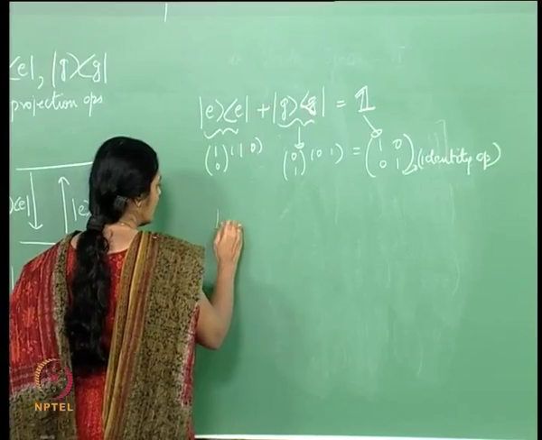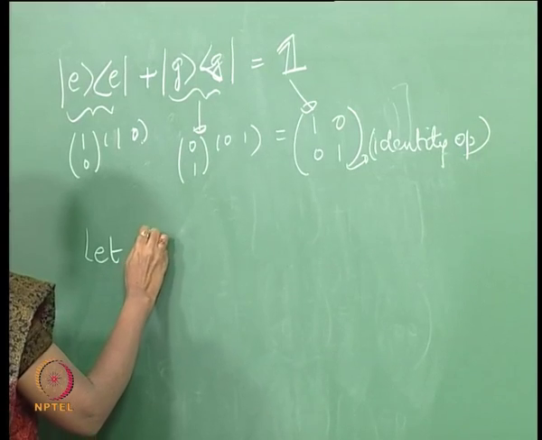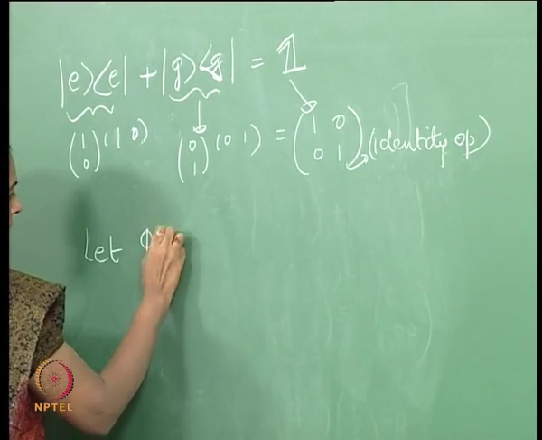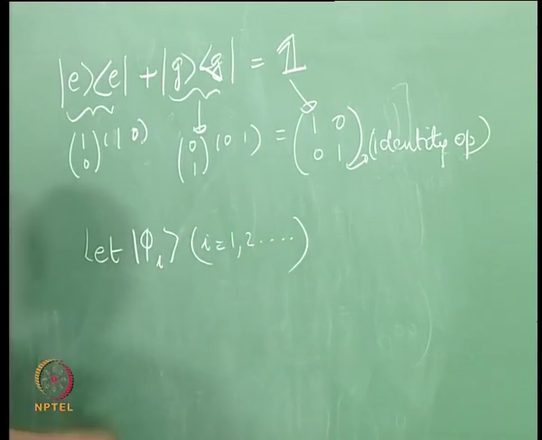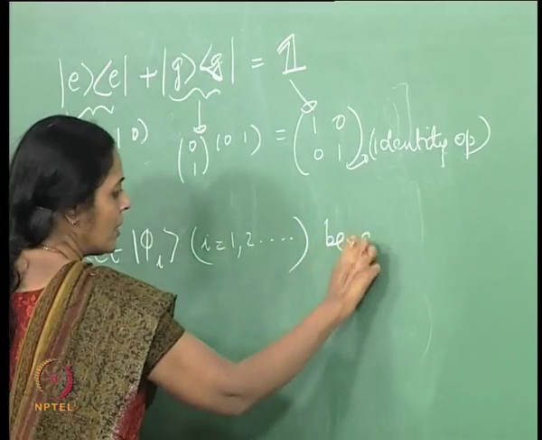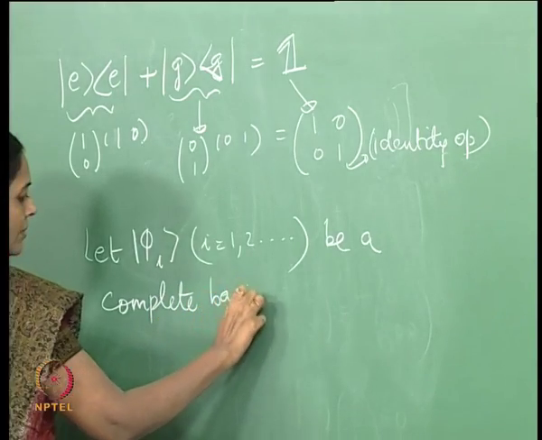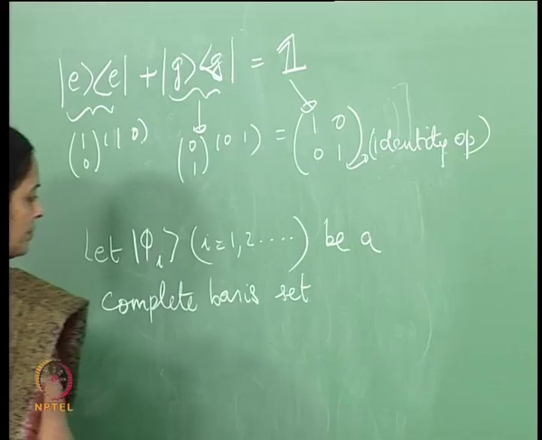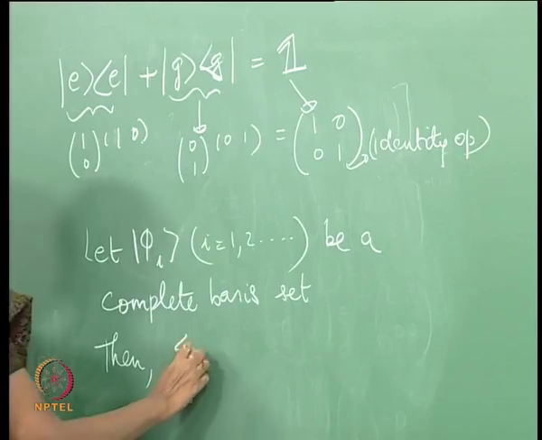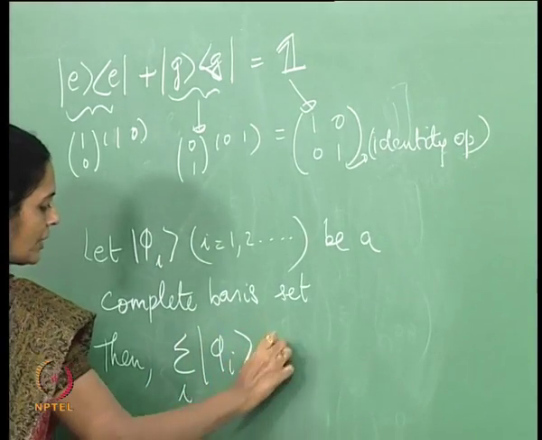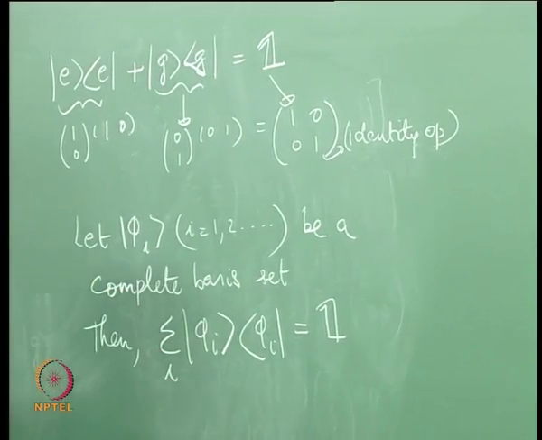In general, this is an example of a statement which says that let phi i, with i equal to 1, 2, as many as there are basis states, be a complete basis set. Then the summation over i of |phi i><phi i| is equal to the identity operator.